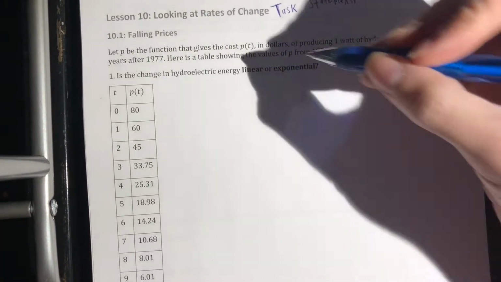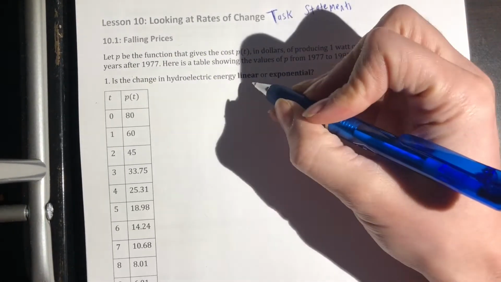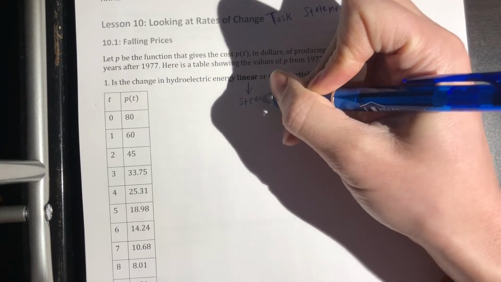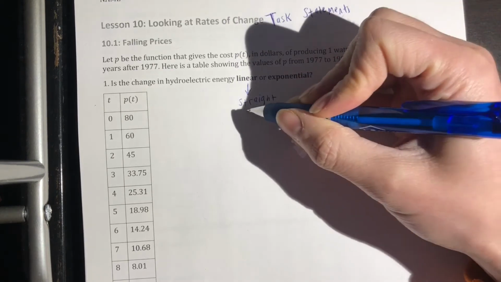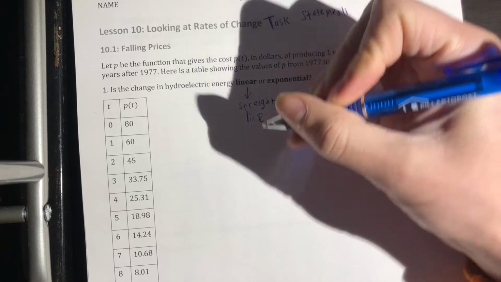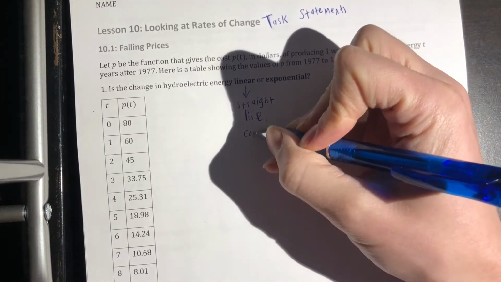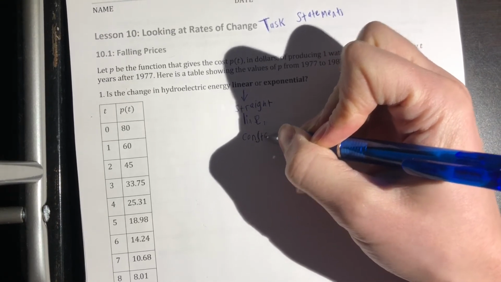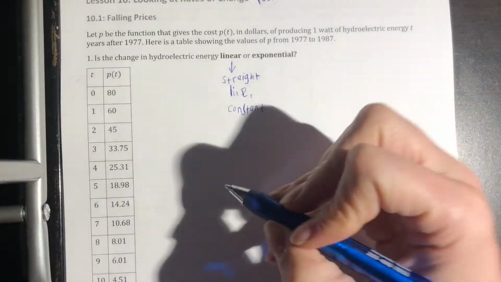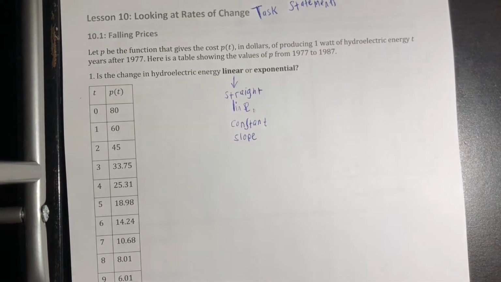All right, so once you've done that, let's think about these words, linear and exponential. Linear would be like a straight line, which would basically mean that I have a constant slope somewhere. So my rate of change on the whole line should be the same, going up by like $3 per year or down by like $5.50 per year. So we want to see if that's true from our graph.